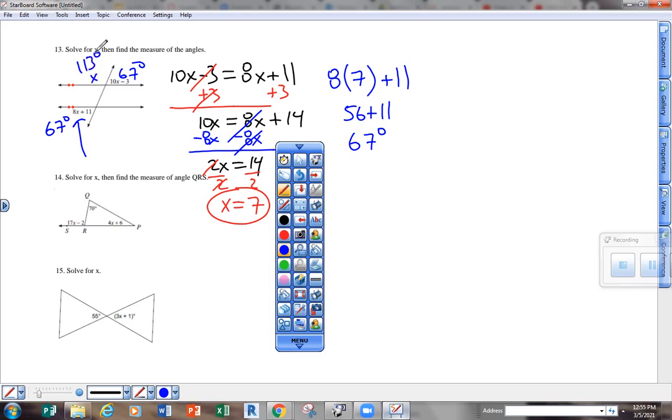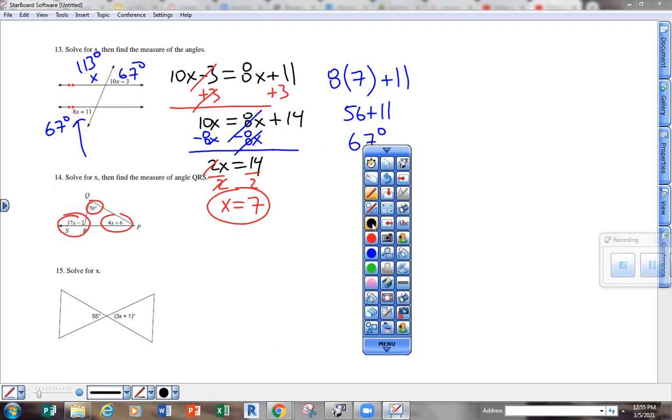Okay, exterior angle. This one on the outside is equal to these two added up. Remember that exterior angle theorem. I know it's kind of weird, but that 17x minus 2, that outside angle, is equal to the two inside angles over there added up. So that gives me 17x minus 2.